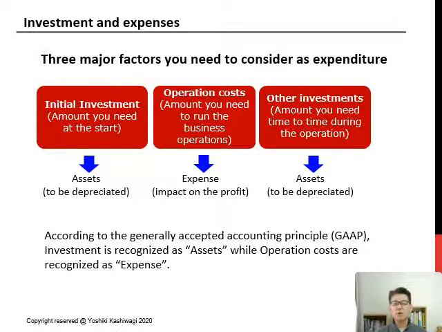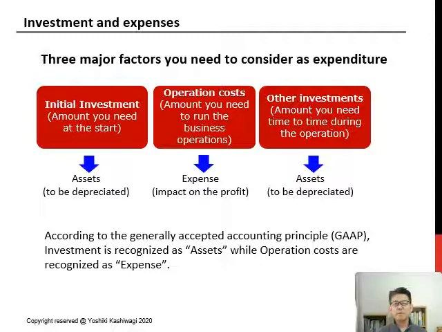And next, the one in the middle: once you start your business, you have to maintain your business. Especially you have to pay your operation fees, operation cost. That is the amount you have to pay to run your business operations.